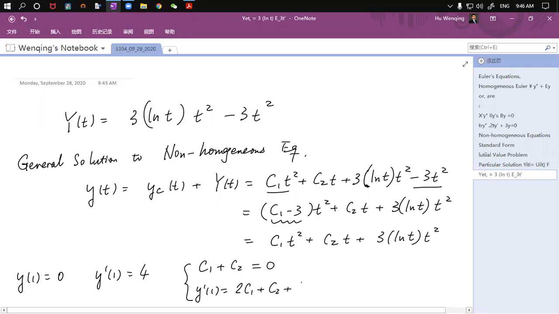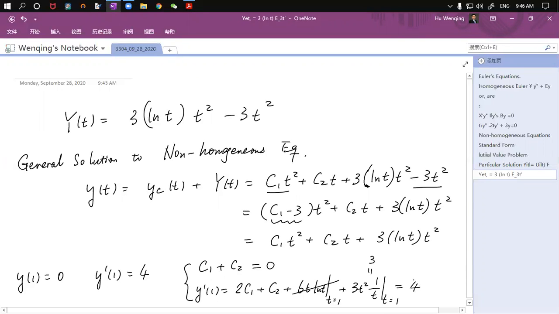That's going to be 6 times t multiplied by ln t, where t is equal to 1, plus 3 times t squared multiplied by the derivative of ln t, which is 1 over t, again with t equal to 1. When t is equal to 1, the first term is nothing, and the second is actually equal to 3. So that's going to be equal to 4.